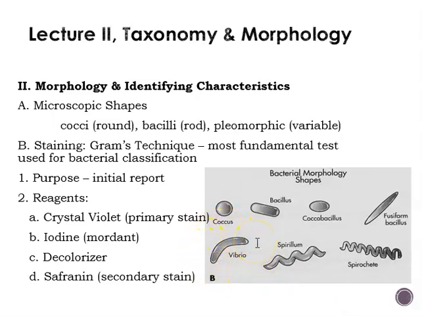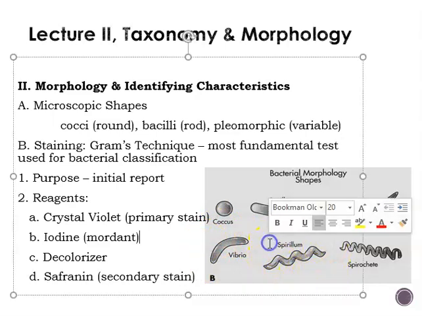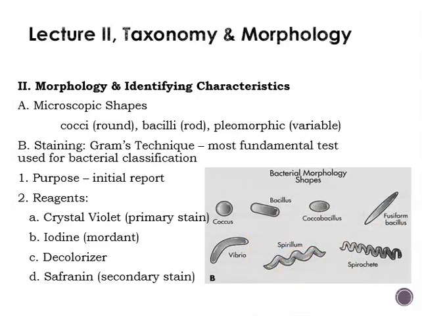Spirillum are slightly curled or spiral shaped. So you kind of think of a corkscrew. And spirochetes are spirals also, but they're more flexible, so they kind of resemble a spring. All of those are considered rods. They're just different morphological variations.